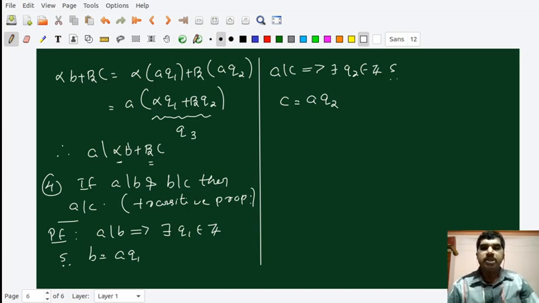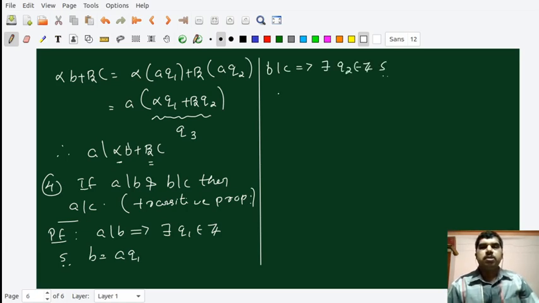Oh, there is a small mistake. It's not exactly given like that. It's given that B divides C. B divides C implies there exists q2, an integer, such that C is equal to B q2.